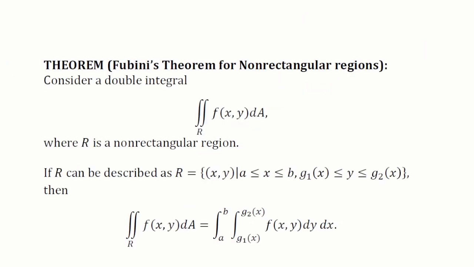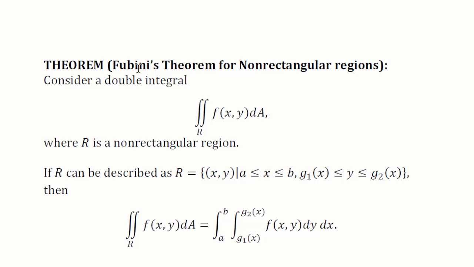Before we can advance further, allow me to introduce an extension. I see this as an extension of Fubini's theorem. We learned Fubini's theorem earlier, but that was for problems on rectangular regions.